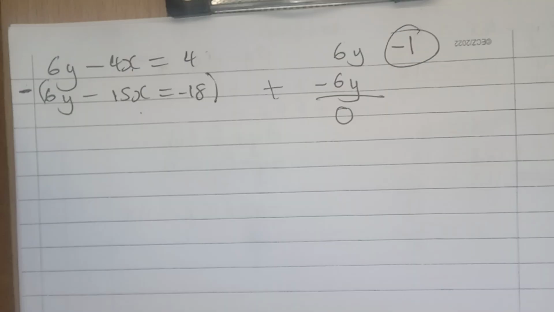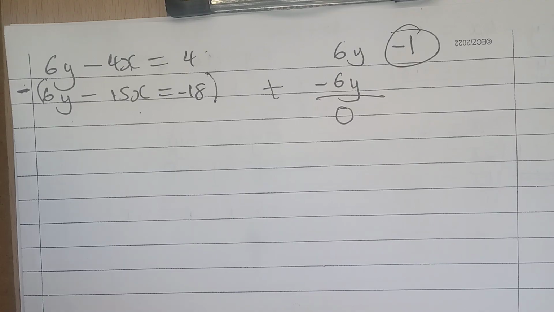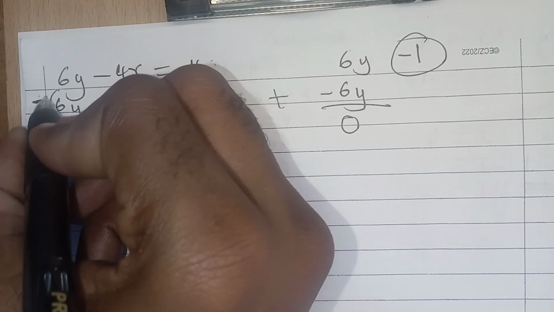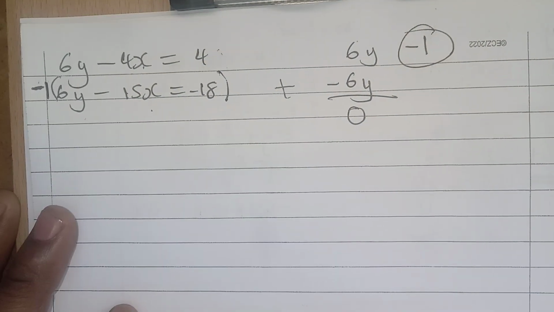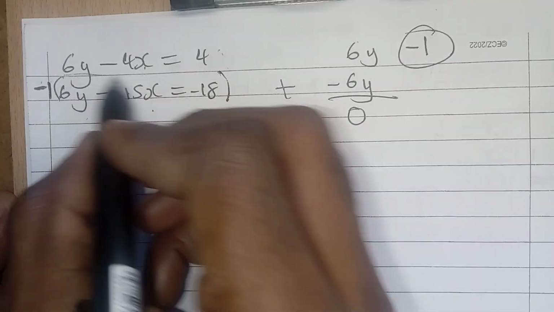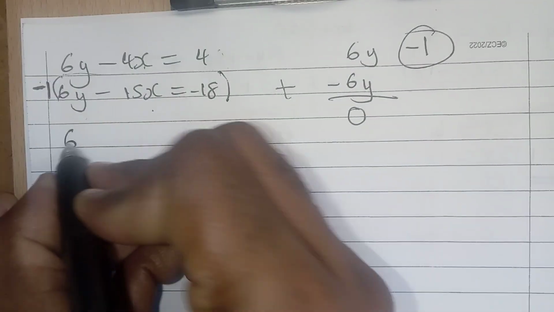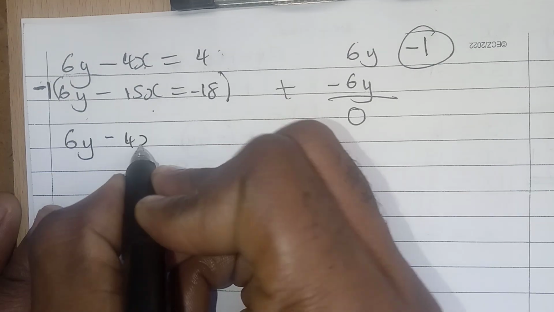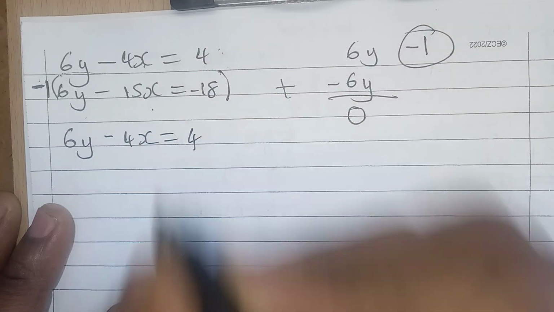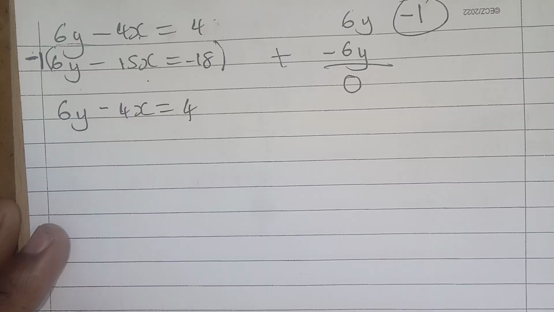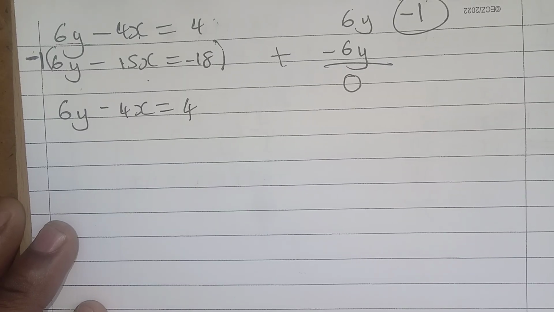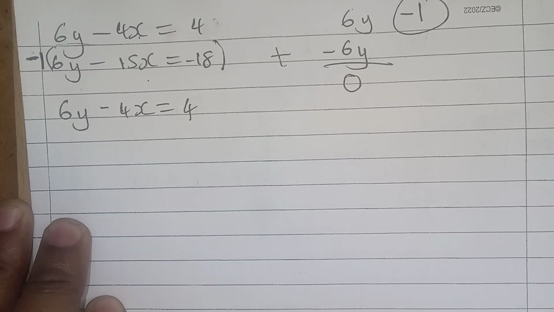Maybe in the first example, we can use negative 1. So the first equation will remain exactly the way it is. By the way, we have another method which I will not talk about now, but we can discuss it when we open.